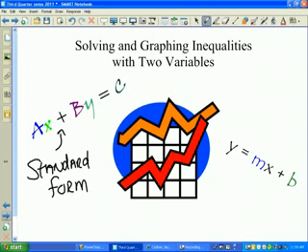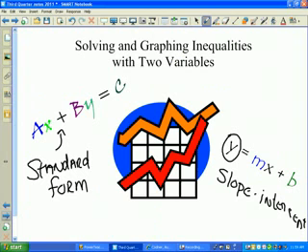So through standard form, we can solve for y. And when we solve for y, what we develop is what's called slope-intercept form. So we've seen slope-intercept form over and over and over again.